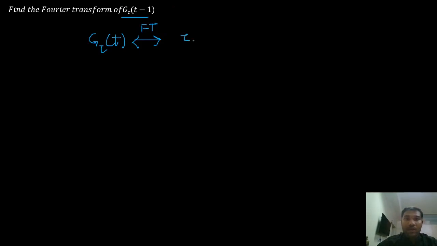So it has tau sampling omega tau by 2. Now I have to find the shifted version's Fourier transform, so g tau of t minus 1. That is the time shifted version, right?